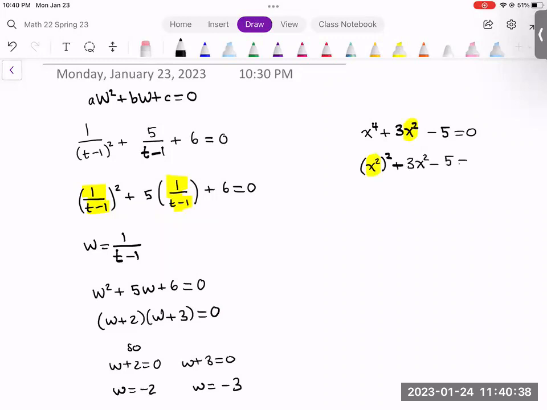So that's going to be a good sign that doing a substitution and treating it as if it was a quadratic is going to be a useful tool here. So if we let w be equal to x squared, then this expression simplifies down to just being w squared plus 3w minus 5 equals 0.